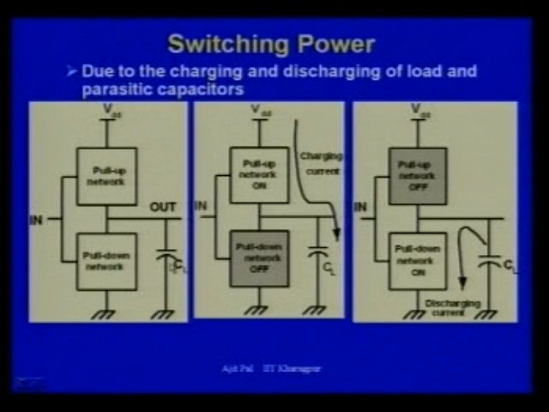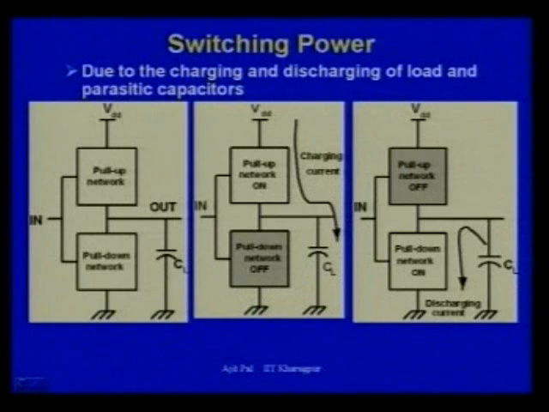This is not really a lumped capacitor that you have connected to the output. These are essentially the intrinsic capacitances present in CMOS circuits. That means gate capacitance and various other capacitances. And as you can see, whenever output changes from 0 to 1, this capacitor gets charged through the pull up network, that means through the PMOS transistors.